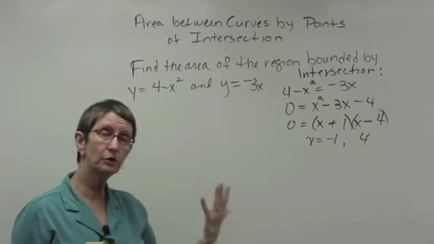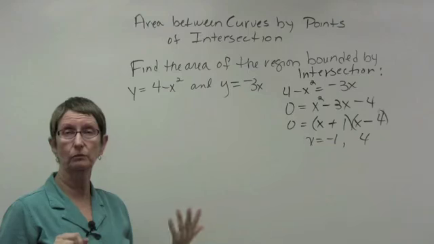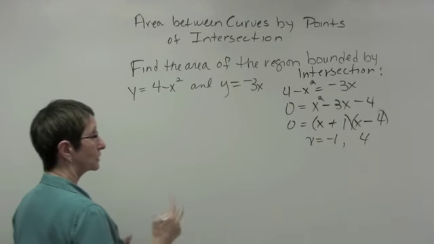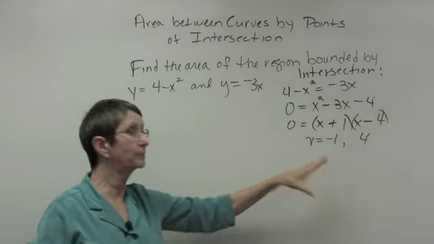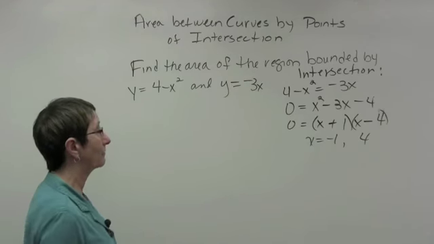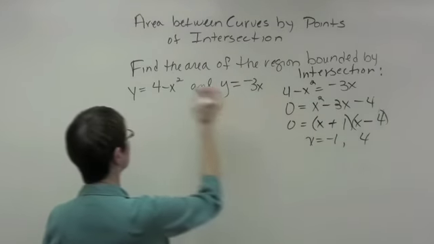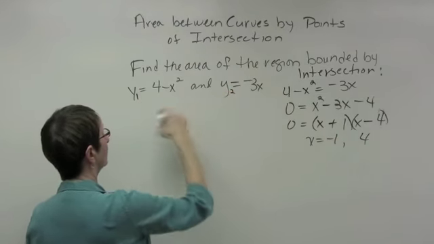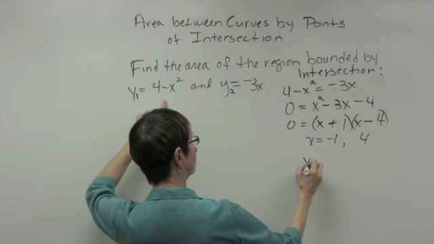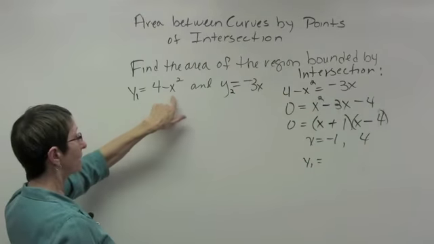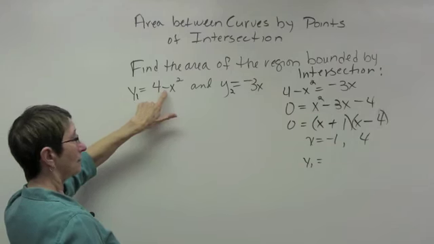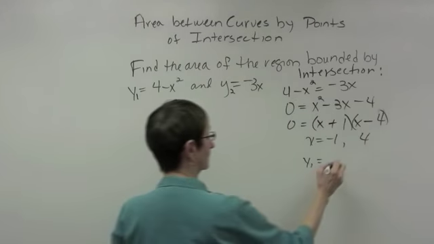But to set up my integral, I need to know which one's on top, which one's on the bottom. Two ways to do that. You can do a data table or you could do a graph. If we look at the data, if x is equal to -1, my function y1 has the value 4 minus 1, which is 3.